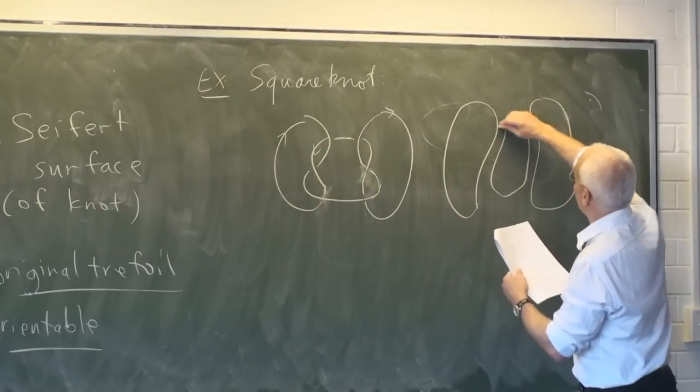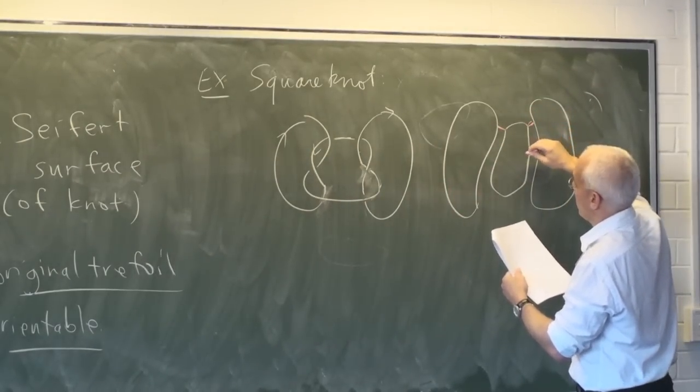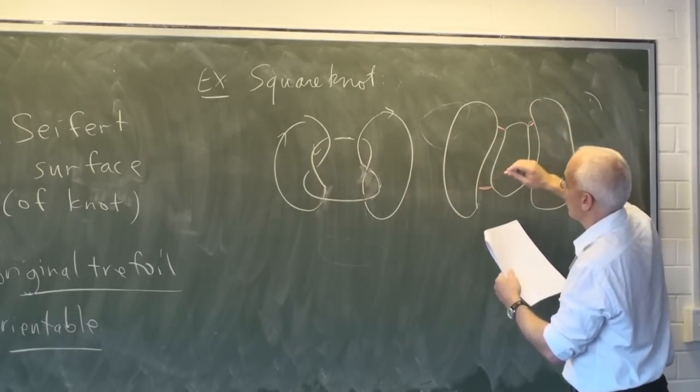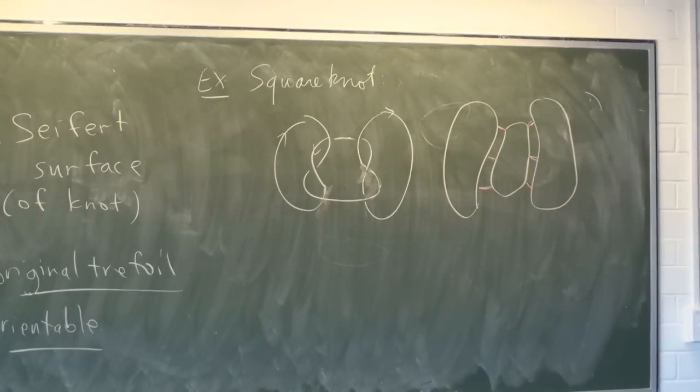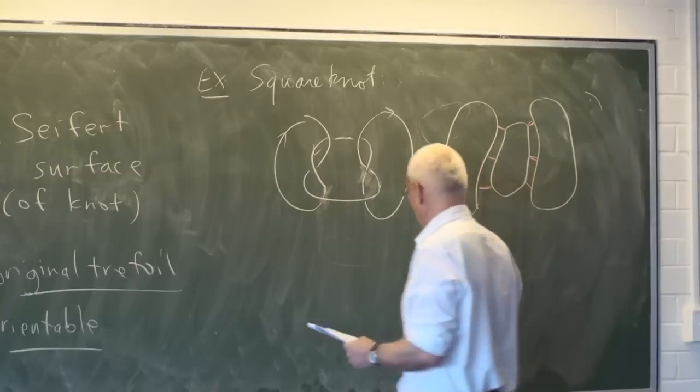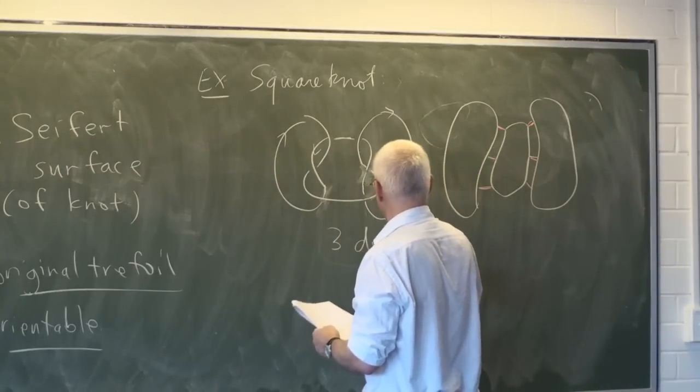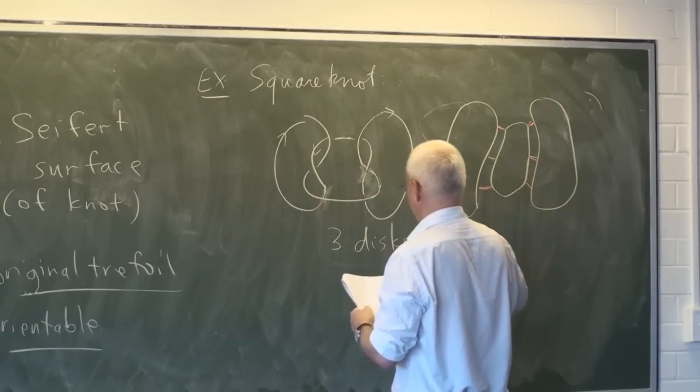So there'd be a crossing here, and here, and here, and here, and sort of in the middle. And so you would end up getting 3 disks and 6 bands.